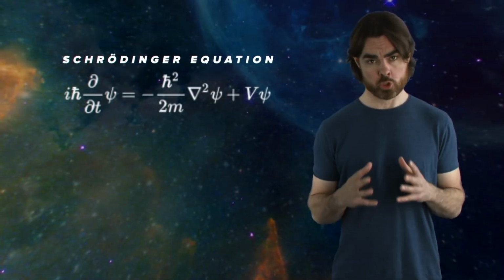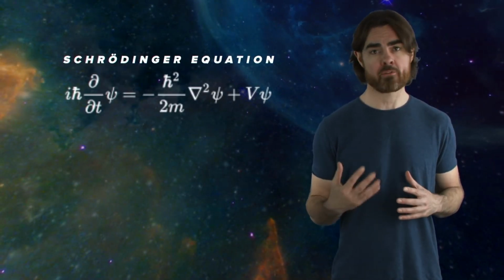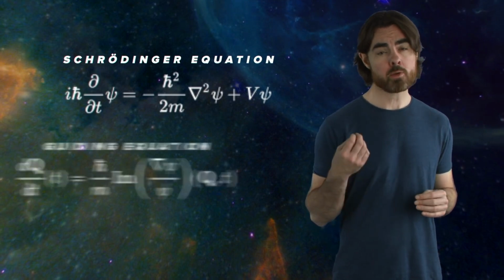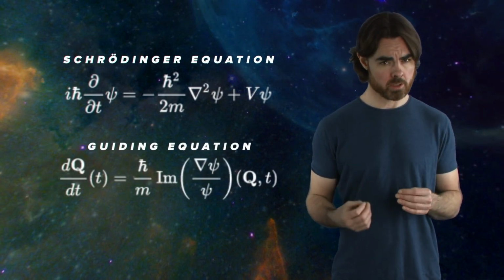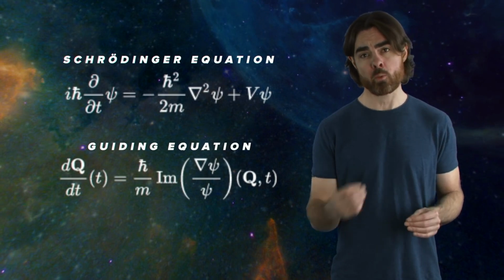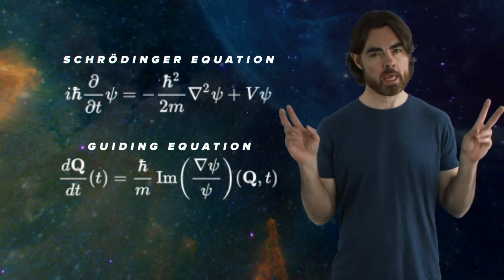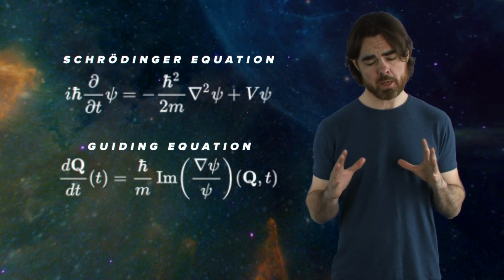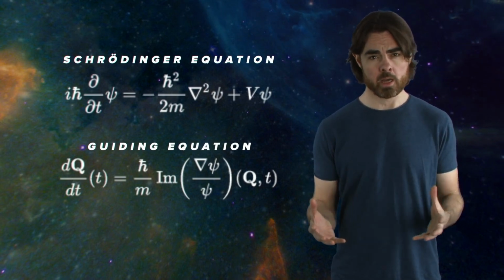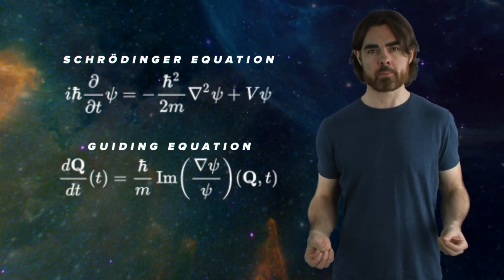Well, for one thing, it needs a teensy bit of extra math that mainstream interpretations don't. As well as the Schrödinger equation that tells the wave function how to change, it also has a guiding equation that tells the particle how to move within that wave function. That extra math is considered unparsimonious to some, a needless added complexity.